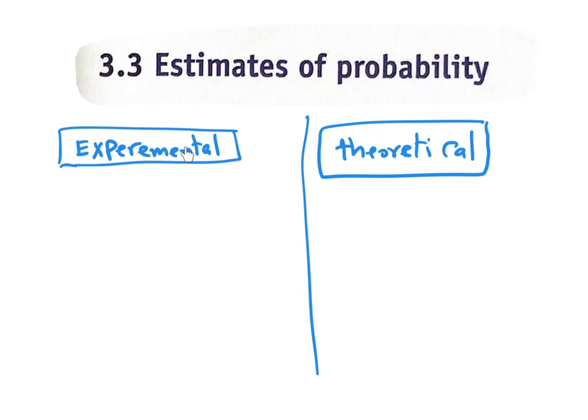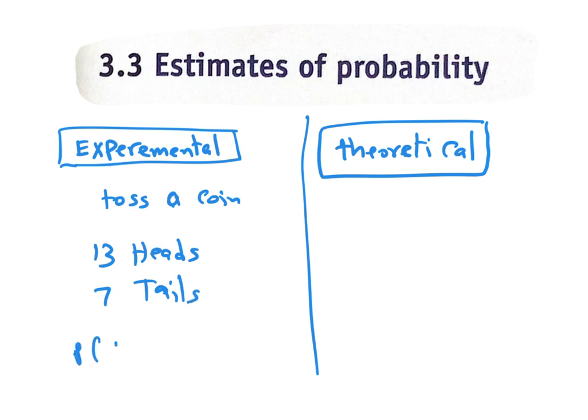So to differentiate between experimental probability and theoretical probability, for experimental probability, for example, if you toss the coin 20 times and you have 13 heads and 7 tails, probability of head according to this experiment equals what?